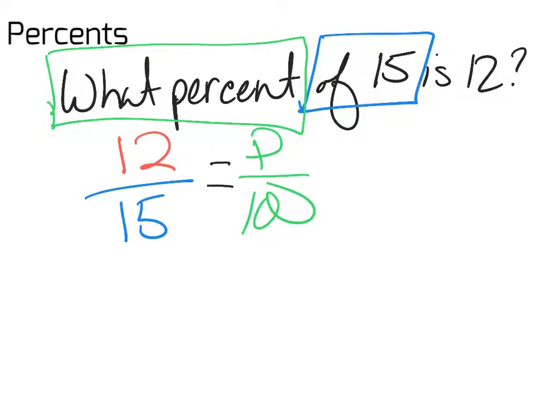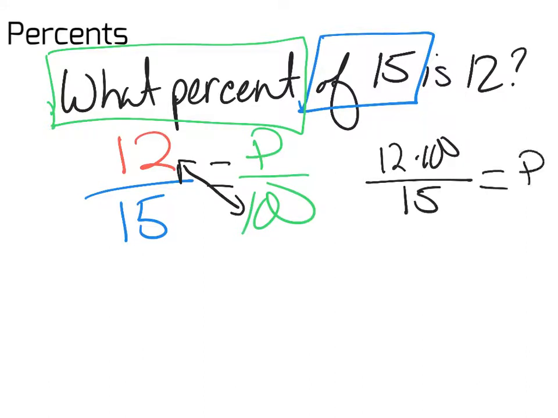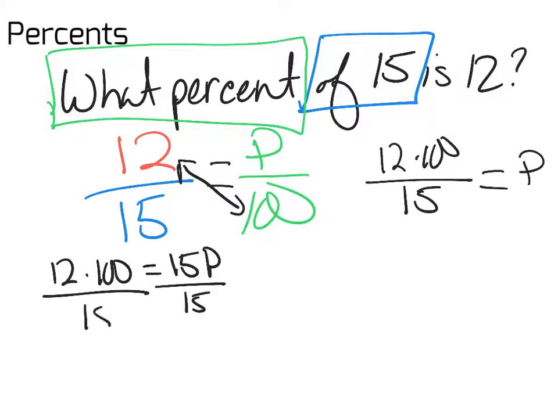Then what I simply do is cross multiply. So I'm going to take 12 times 100, and then divide by 15 to solve for P. If you want to see that whole thing played out, I really get 12 times 100 equals 15P, and then I have to get my P alone, so I divide by 15.